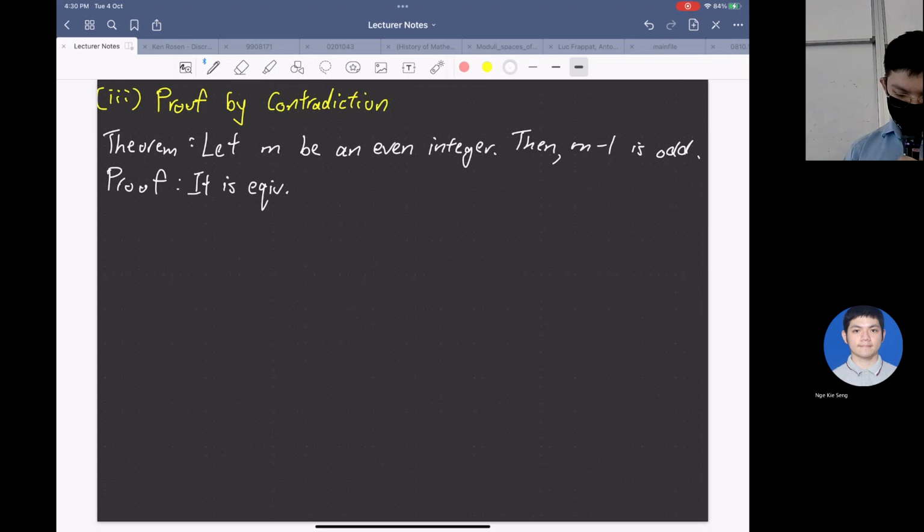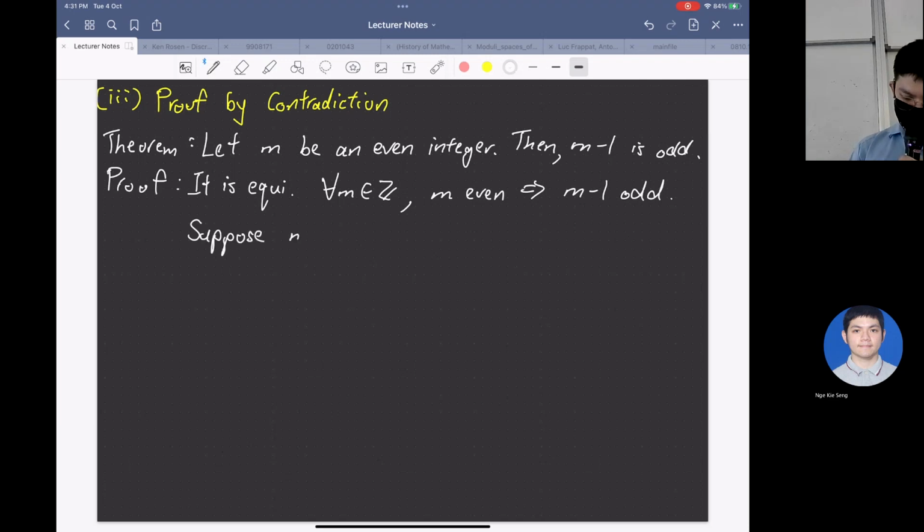Maybe you will see better. So it is equivalent to: for every m in Z, m even implies m minus 1 odd. Okay, so we will suppose m even. So we start from the assumption, okay?